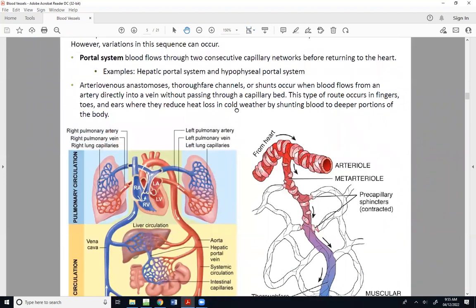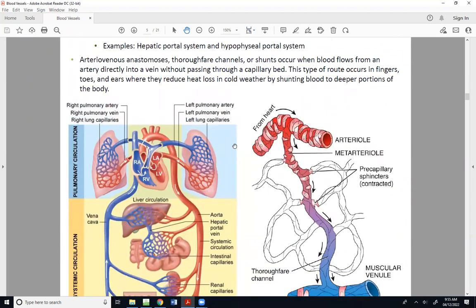Okay. On the right here we show what's called an arteriovenous anastomosis, a thoroughfare channel or a shunt. All those things mean the same thing. This occurs when blood flows from an artery directly into a vein, and that's because the precapillary sphincters, not post, the precapillary sphincters are contracted, and thus the capillaries are cut off, and so the blood never flows into them.